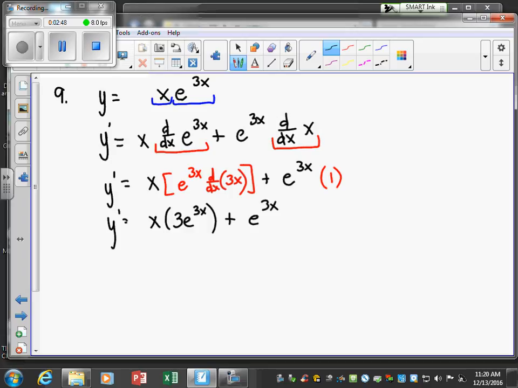Now, they do have something in common. If we just wanted to algebraically manipulate this a little bit, what if we pulled out a GCF, e to the 3x? What would we be left with in this term? Good, a 3x plus 1. Good.